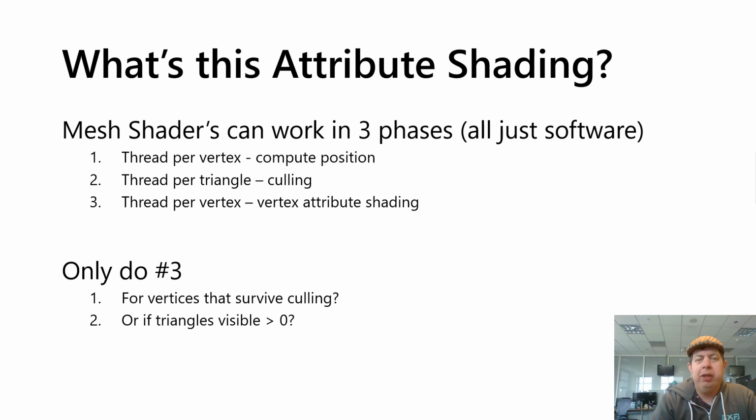The first phase would be compute position. That's a thread per vertex. Your second phase could be a thread per triangle doing the culling. And then the final phase is back to thread per vertex, and this is doing your vertex attribute shading. And you're only going to do that if you have any triangles that survive culling. So you're exporting at least 1 triangle, and potentially only the vertices that survive culling.